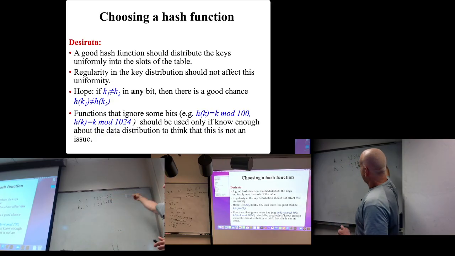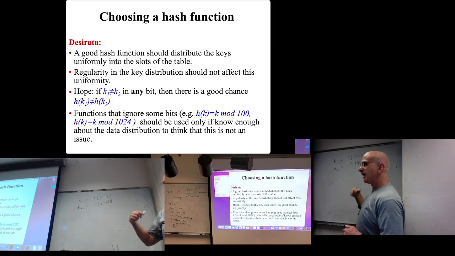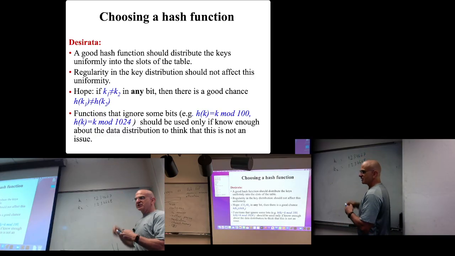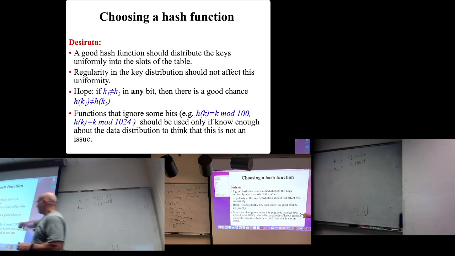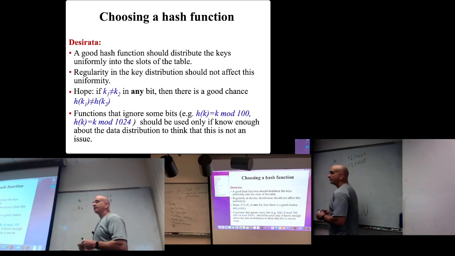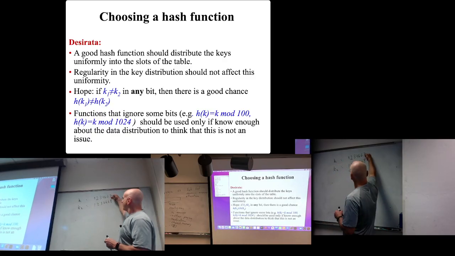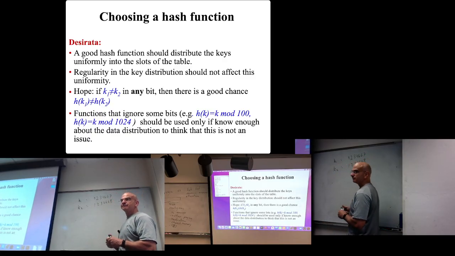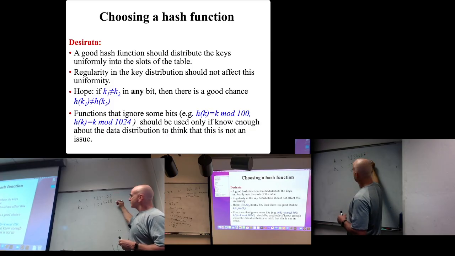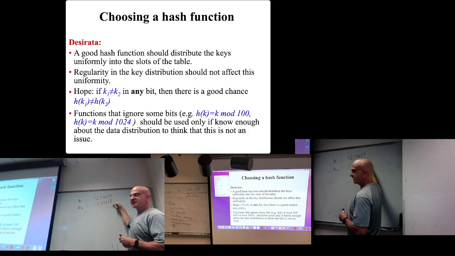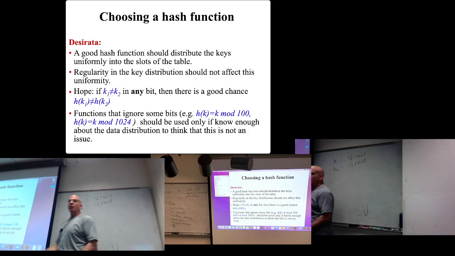Just think of student IDs of two students, where one came after the other. If my hash function is K mod 100, and that's how the student ID looks, that is, each one got the next number in the sequence order, then what does the function K mod 100 do?